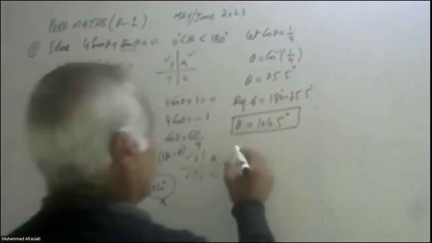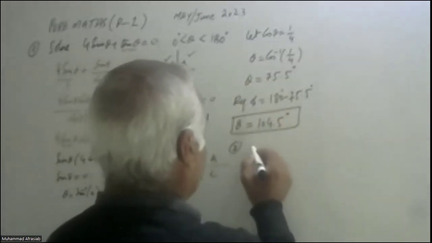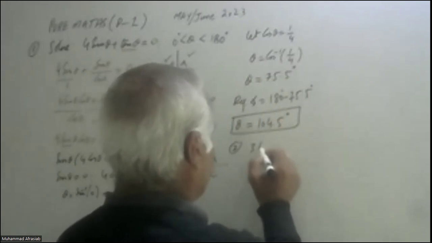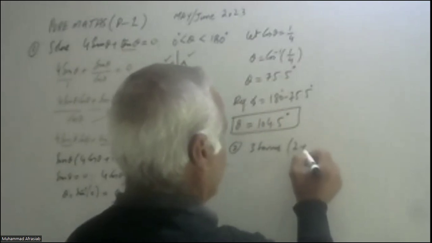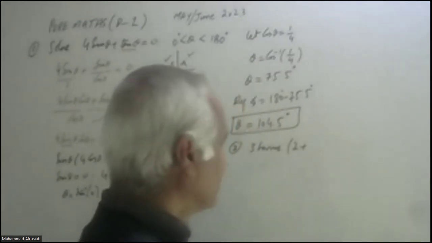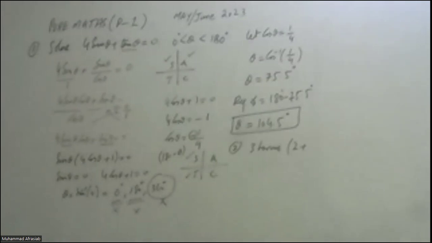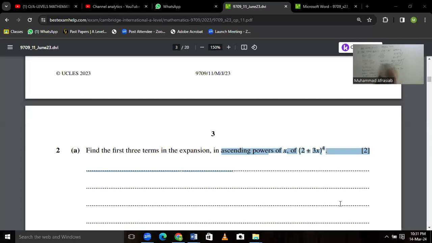So question 2 there: first three terms in the expansion of 2 plus 3x to the power 4.